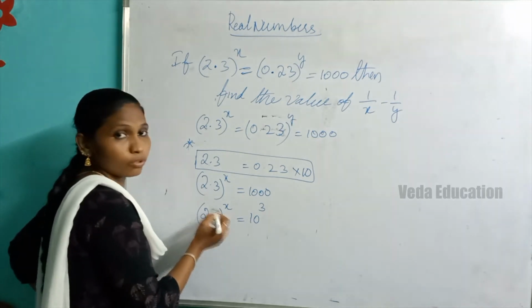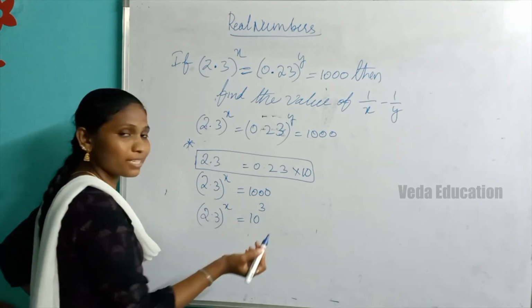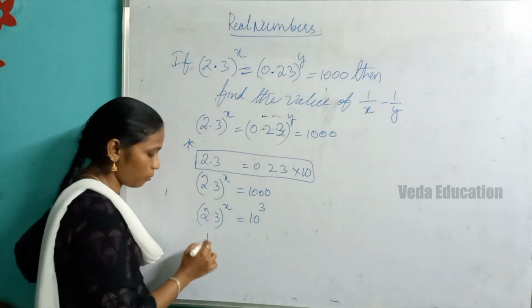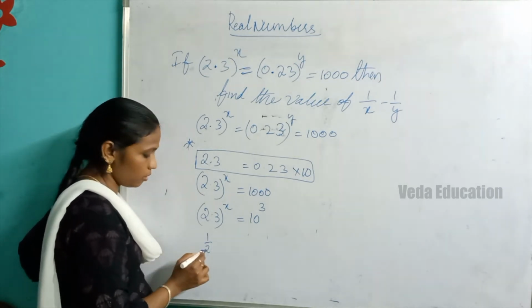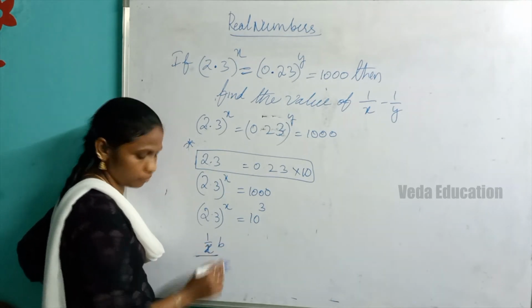So what we have to do is the anti-operation. The anti-operation of the power x is 1 by x, so on both sides we raise the power 1 by x.